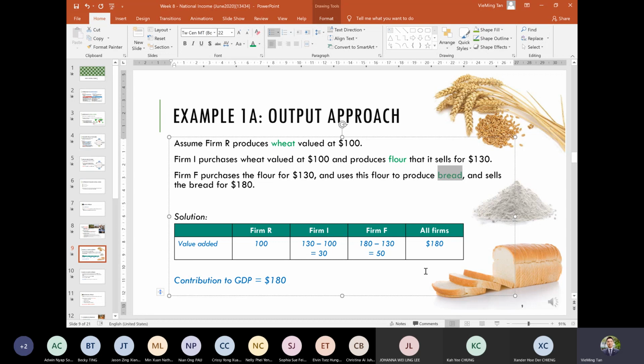As a result, the answer is $180 contributed to GDP among these three business activities. So far so good?